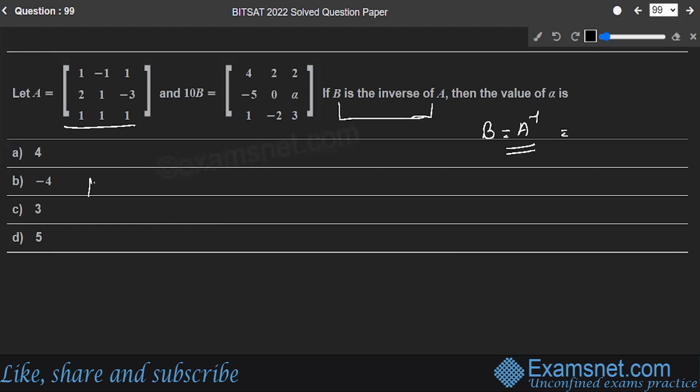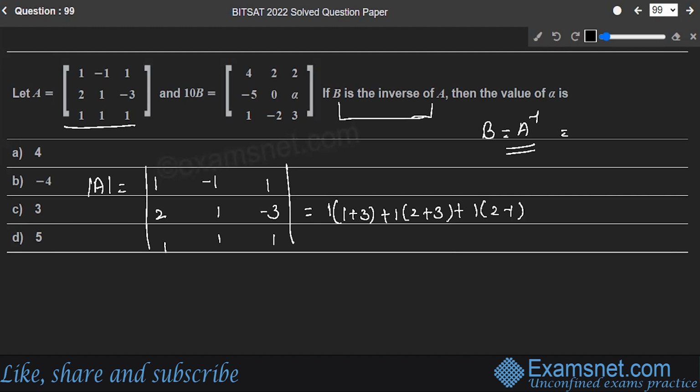For that, let's find out the determinant of A first. So you have 1, minus 1, 1, 2, 1, minus 3, 1, 1, 1. So this whole thing is equal to 1 into 1 plus 3 plus 1 into 2 plus 3. So you have determinant as 10.